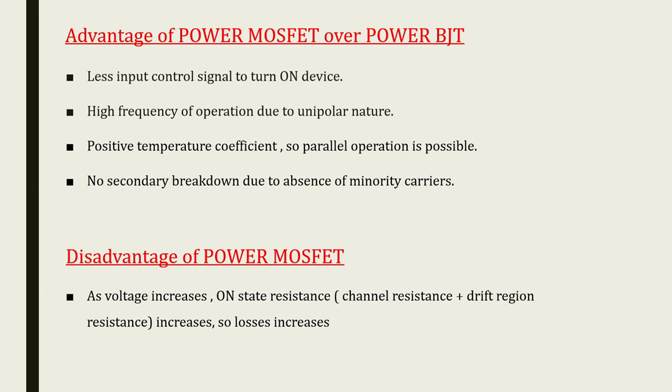There, majority carriers are there and minority carriers are there. So switching speed increases if the stored charge is removed quickly when switching from one state to another, making switching faster. In power BJT both majority and minority carriers are there, while here only majority carriers are there. So stored charge removal when switching is comparatively easier than in power BJT.